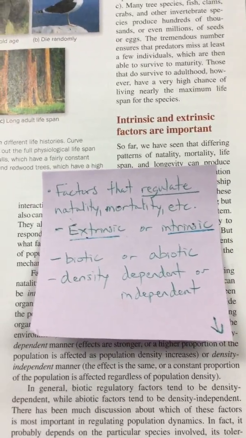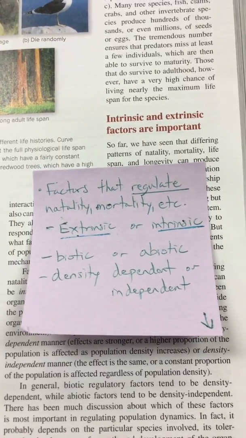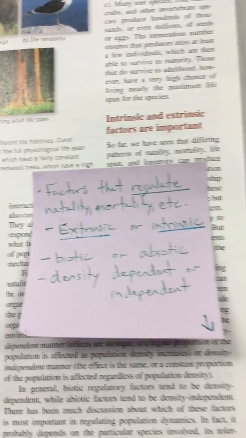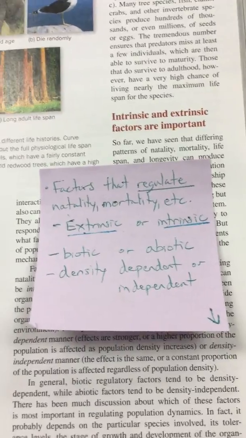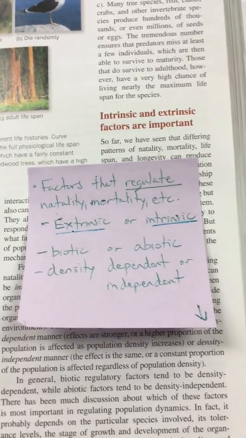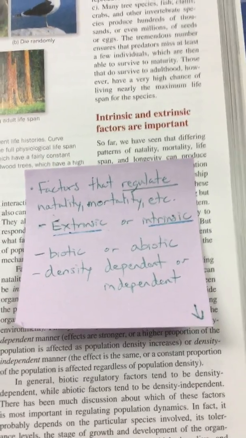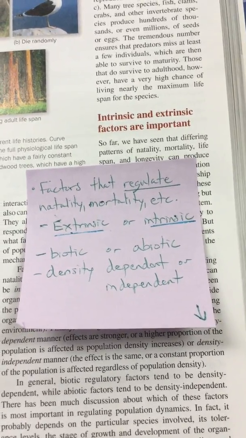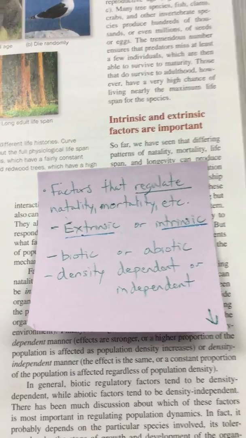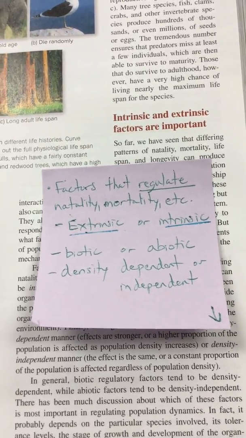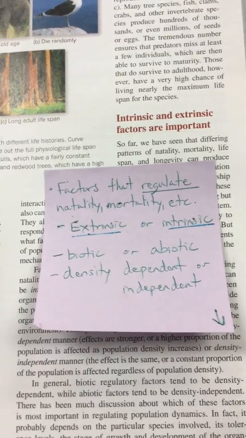Biotic or abiotic, you should remember the difference between those. Just like alive or not. Give me an example of a biotic factor that could affect a group of organisms. Something that's alive that could affect their population. Other animals, other living things. So you can have competition, predators, right? Okay, that's biotic.